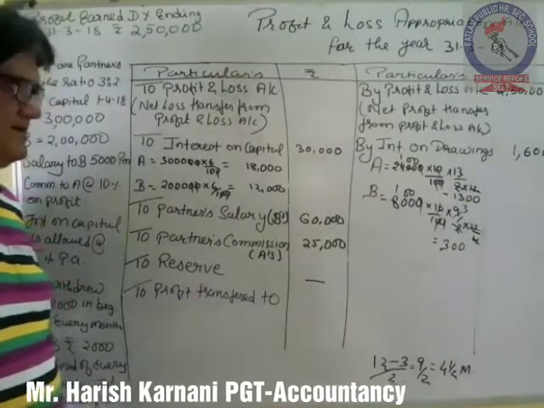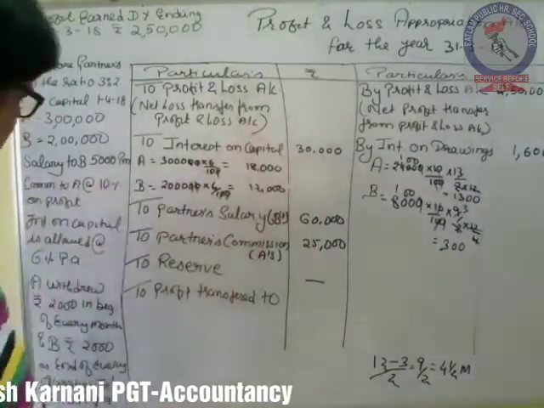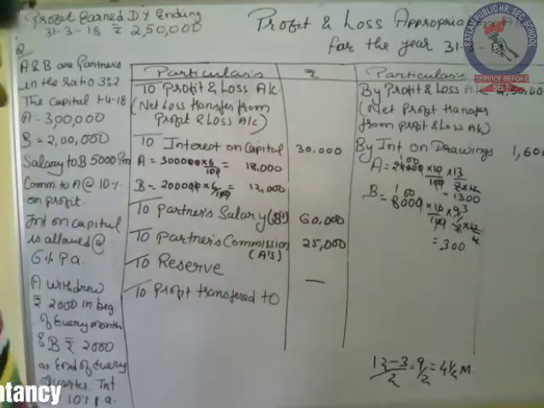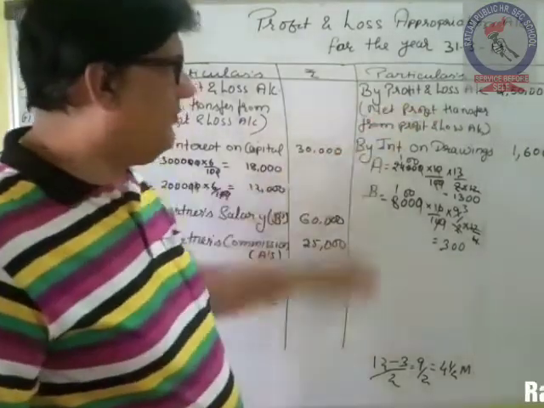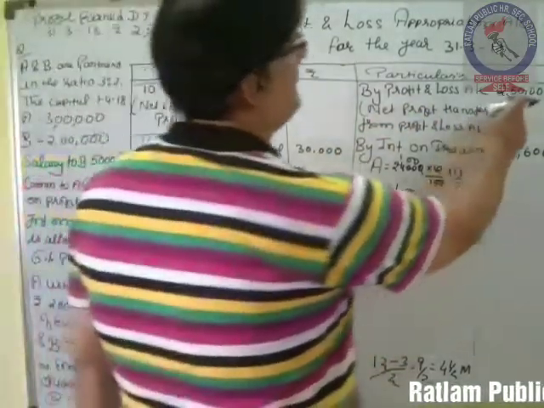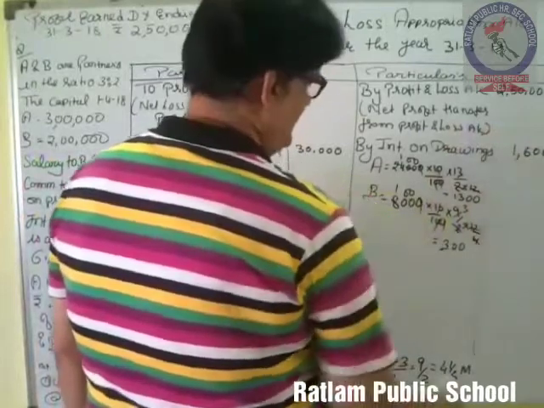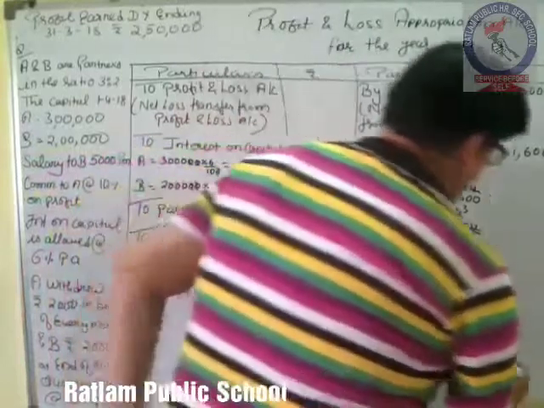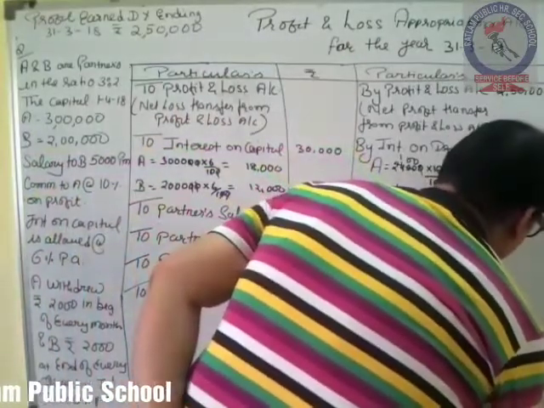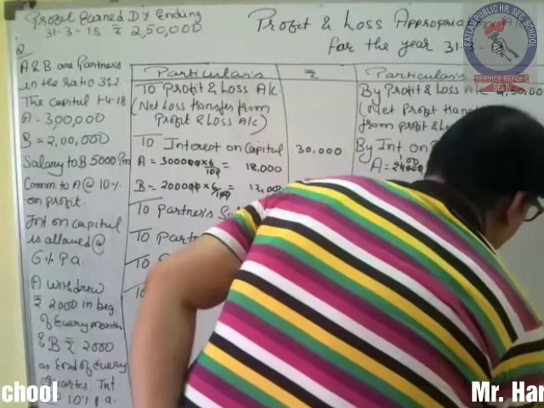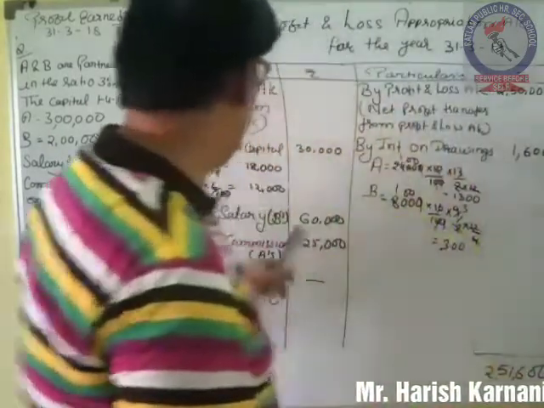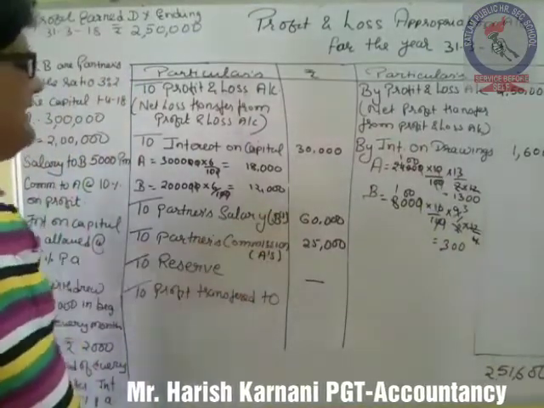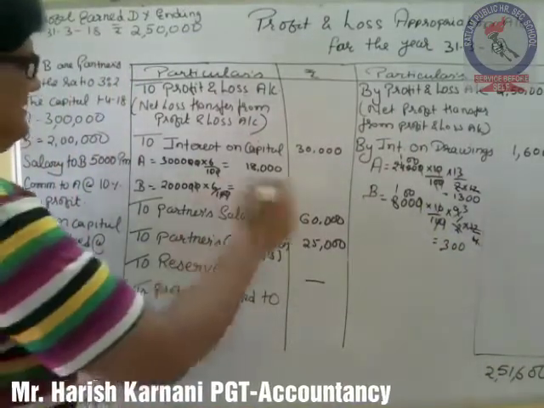Is it clear? Now what we have to do? We have done all the adjustments here. Now we will see the amount of remaining profit with us. The total amount is 2,51,600. On the debit side it is 30 and 60 is 90, and 25, 1,50,000.